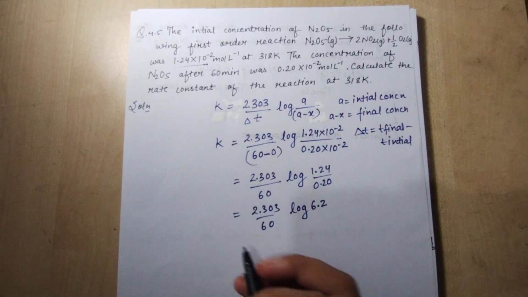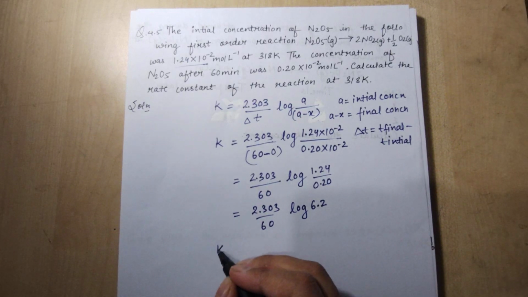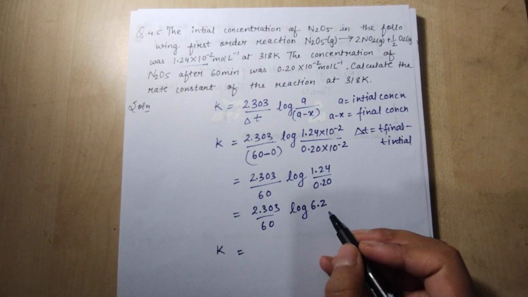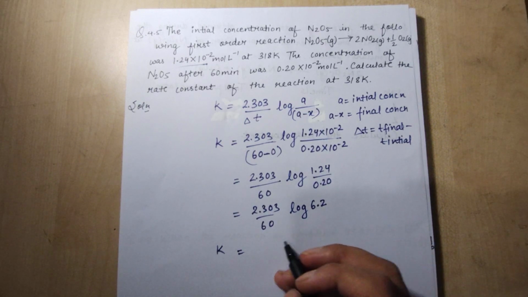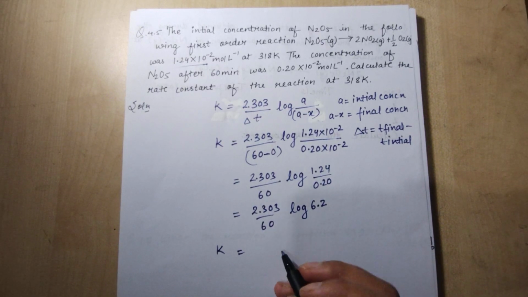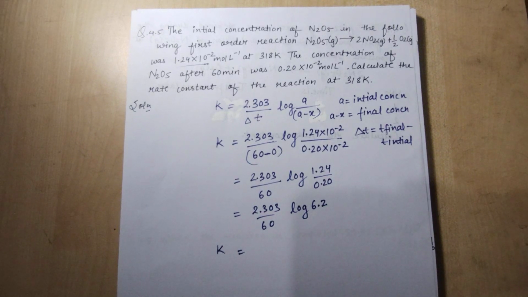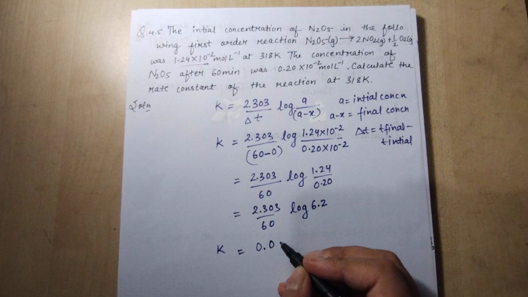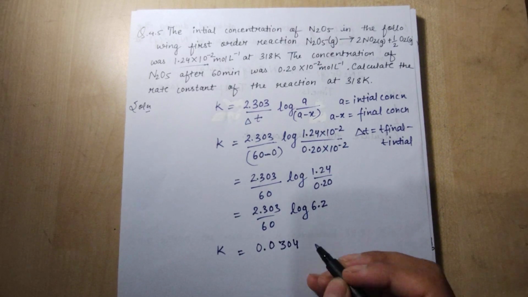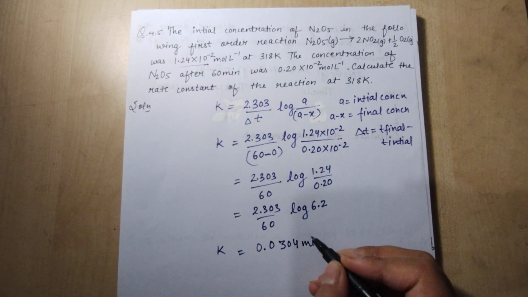By putting the value of log 6.2 in the calculator, we get 0.0304 per minute.